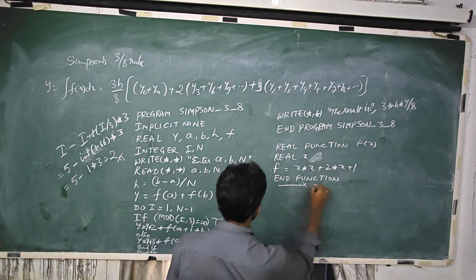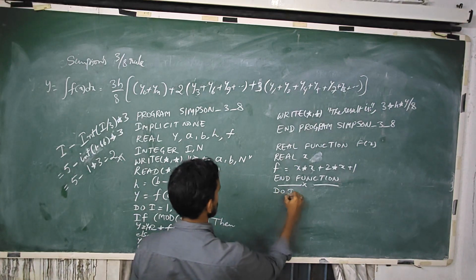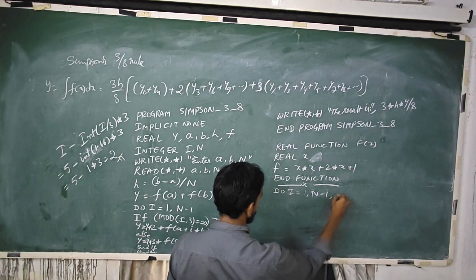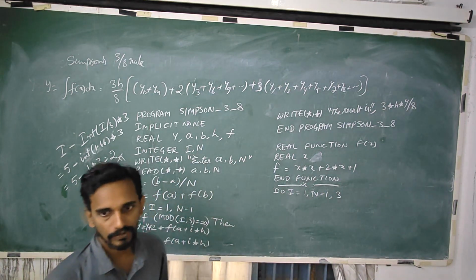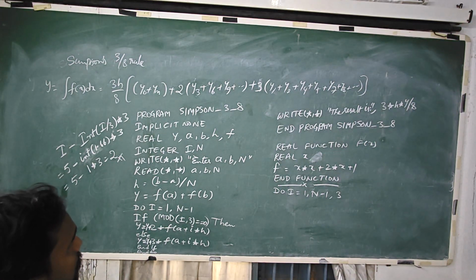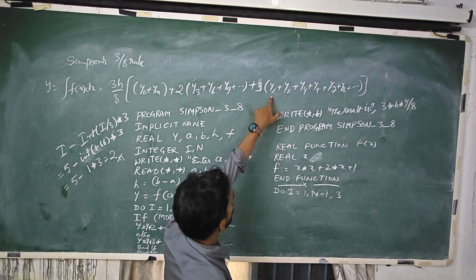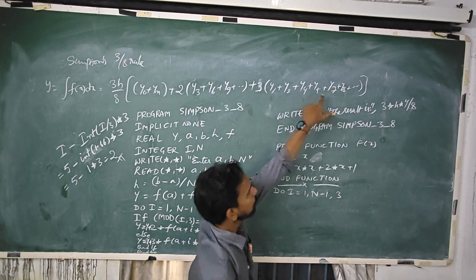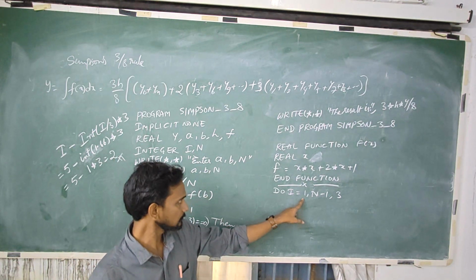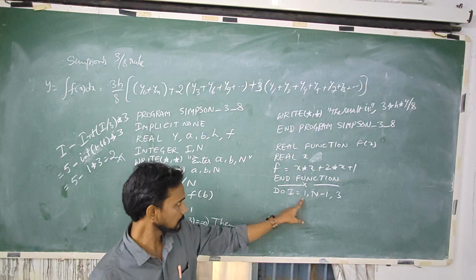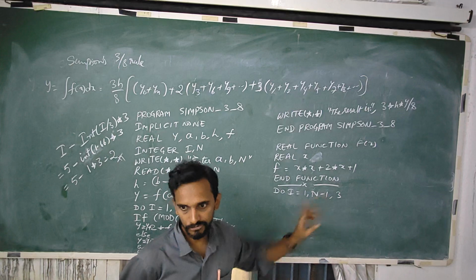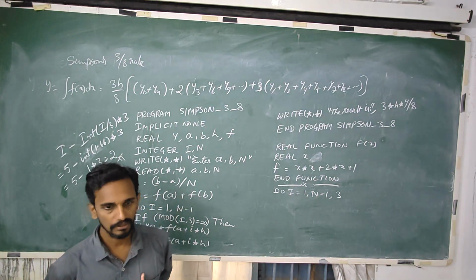So I can write here like do I is equal to 1 to n minus 1 with a step size of 3. So then I will consider y1, y4, y7. I'll start with 1. Next number is 4 and the next number is 7.